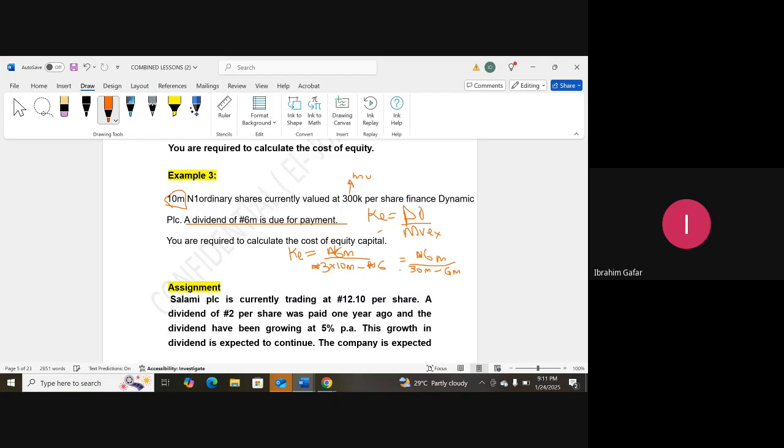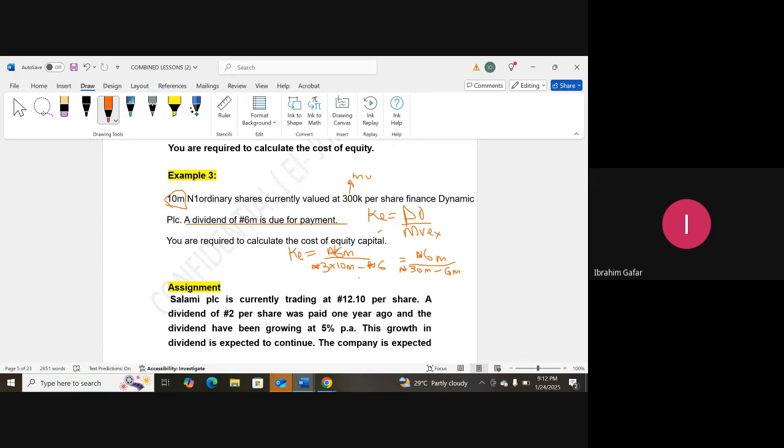Because this 6 million that you are given is not dividend per unit, it is the total dividend. That is why the value is big, 6 million. Then this 300 kobo, you have to multiply with the number of shares as well to get the total value.